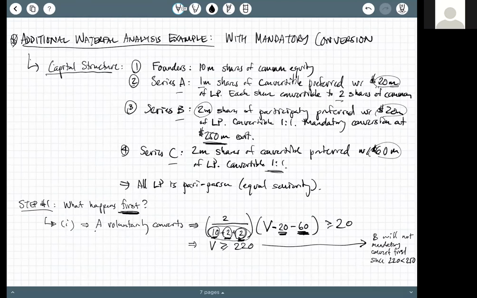All right. Go ahead, Eugenie. Yeah, so just for the denominator, by adding 2 million shares for Series B to the denominator, do we assume that B's participating preferred occurs before A converts? Well, participating preferred means that you don't need to convert.